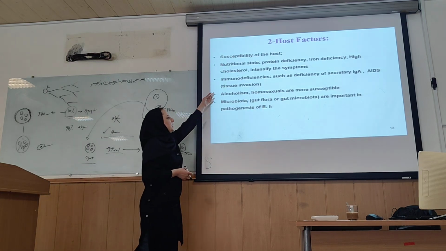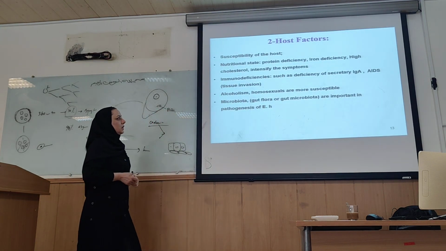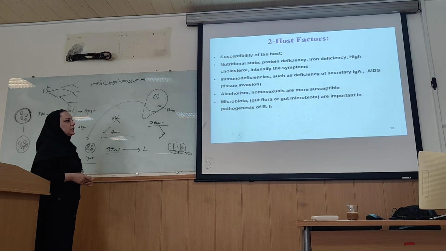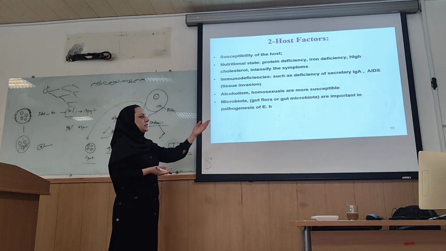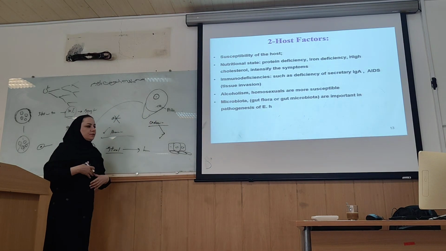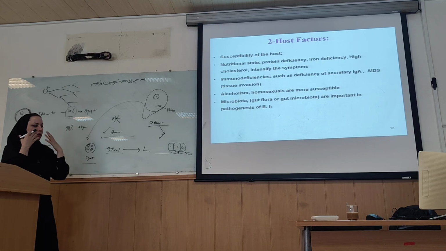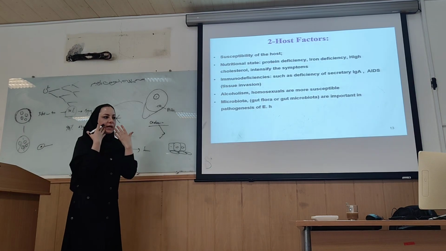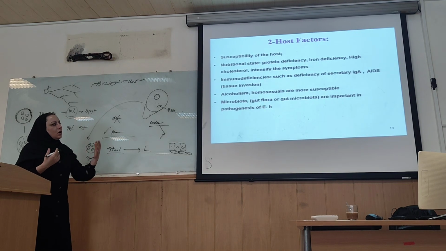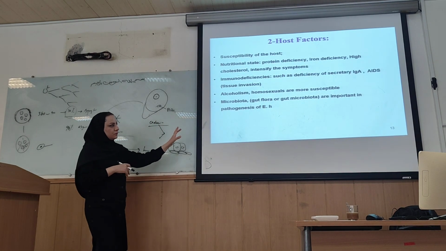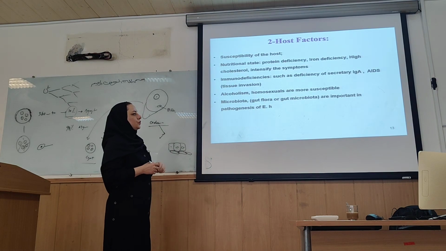The other criterion in the host that is very important is the immune system. Immunodeficiency, for example deficiency in secretory IgA: all of the mucosal cavities, for example the buccal cavity, the small intestine, the large intestine, are all covered with secretory IgA.